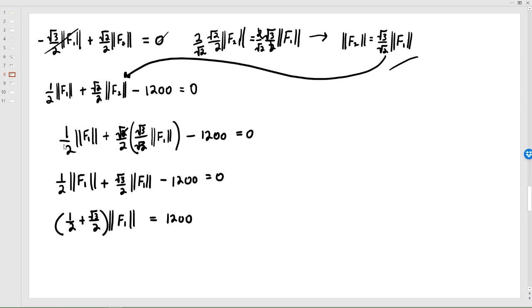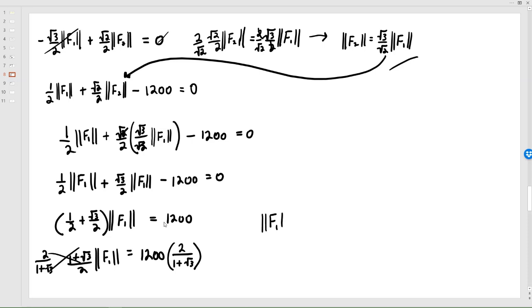Okay, so if we think of this as 1 plus the square root of 3 over 2 times the magnitude of F1 equals 1200, and now if I just multiply by the reciprocal, 2 over 1 plus the square root of 3, then that just leaves this as the magnitude of F1 equal to 2400 divided by 1 plus the square root of 3, which is roughly equal to 878.5 pounds.